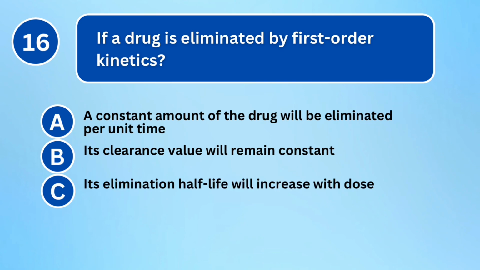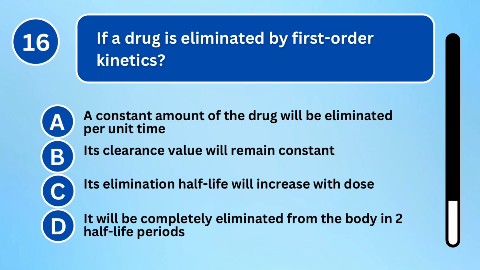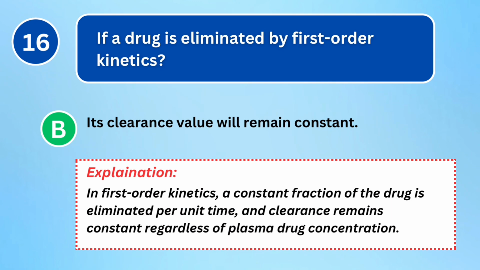If a drug is eliminated by first-order kinetics, a. A constant amount of the drug will be eliminated per unit time, b. Its clearance value will remain constant, c. Its elimination half-life will increase with dose, d. It will be completely eliminated from the body in 2 half-life periods. Correct answer, b. Its clearance value will remain constant.